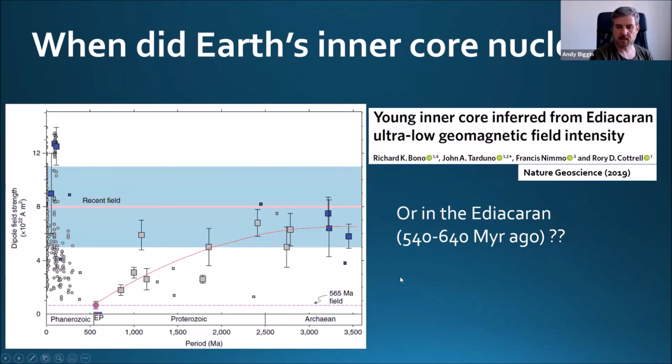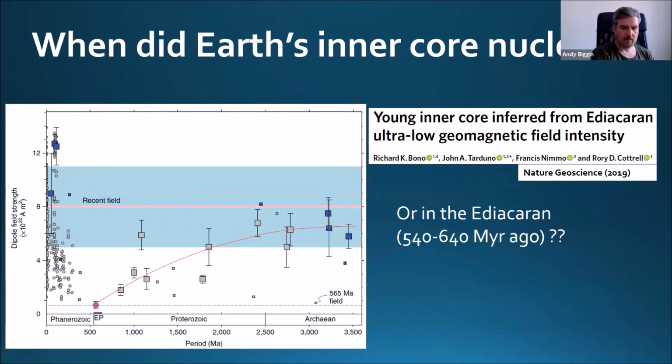A counter hypothesis was proposed by Richard Bono and co-authors in 2019. They measured extremely weak paleointensities from the Sept-Îles intrusion in Quebec, and proposed that that was a point just before the inner core nucleated, and showed this thermal evolution model cutting through time averaged data here, implying that inner core nucleation happened some point soon afterwards.